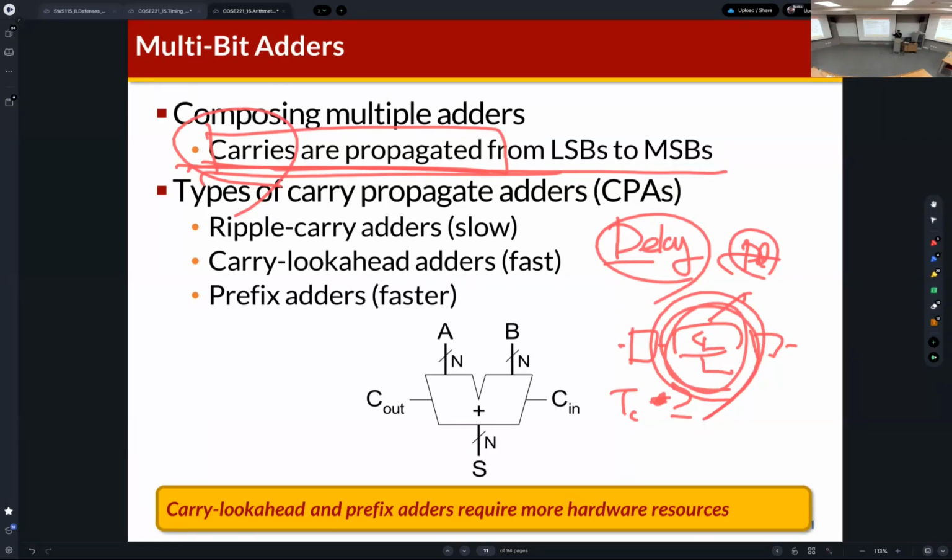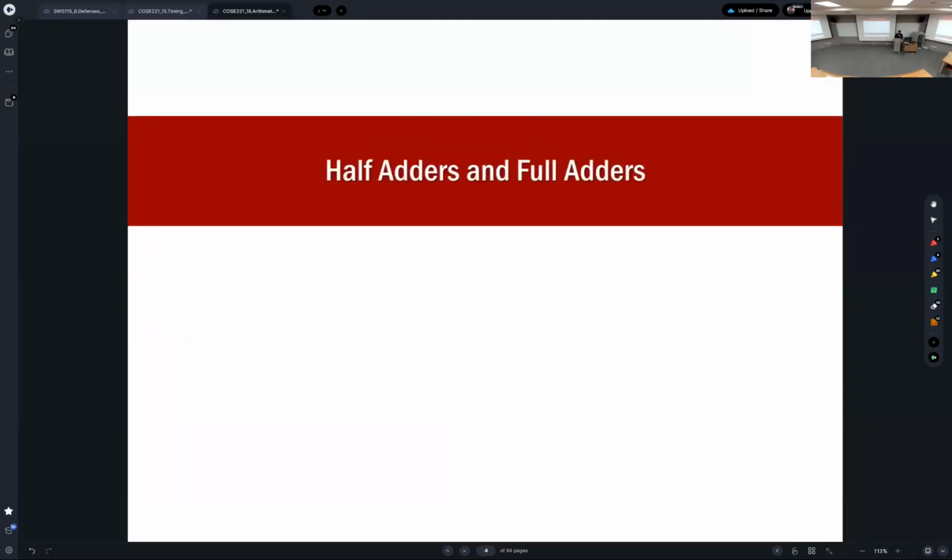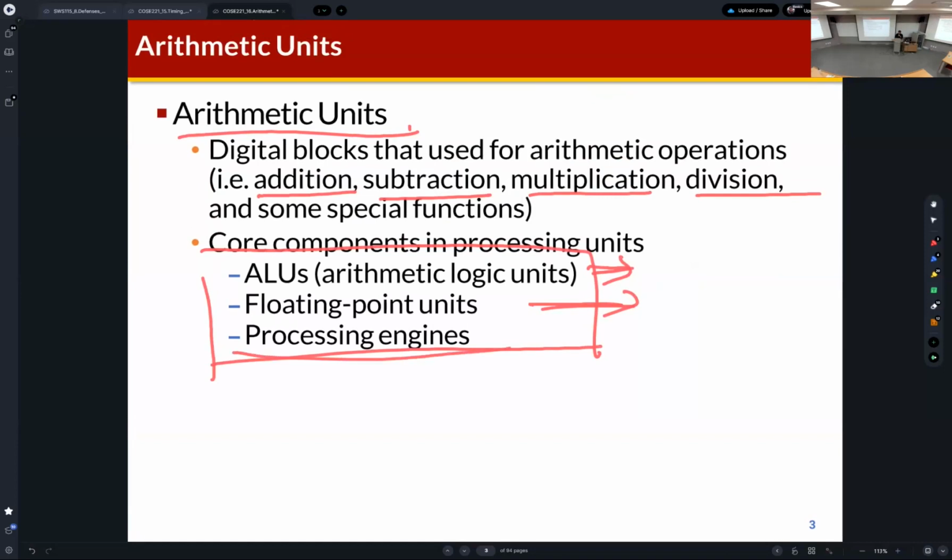This is also very critical for the performance of an NPU, a neural processing unit, like the Google TPU, because adders are the main part of the processing engine.